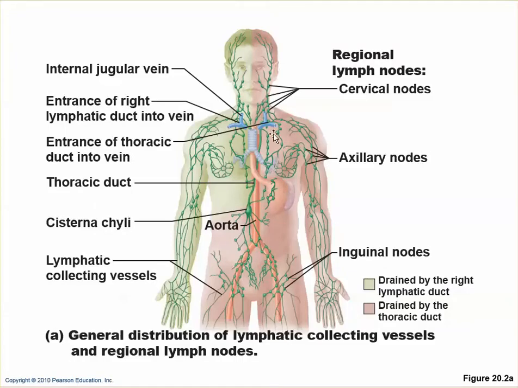So it looks like this. All this pink area here is drained on the left side by the thoracic duct. All the green area here ends up going into the right lymphatic duct. We'll talk about the nodes in just a second. All of these are collecting vessels, and then they come together and form the trunks.